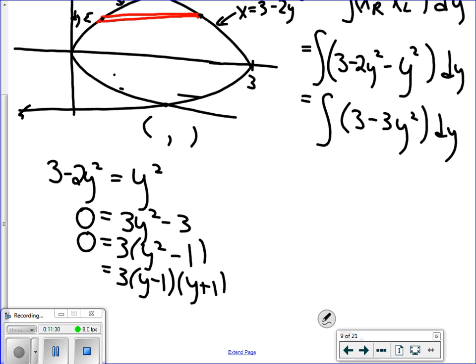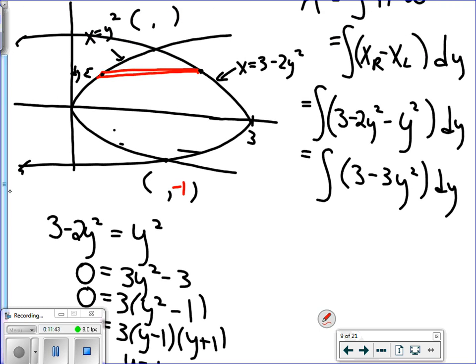So when they intersect, the y coordinate equals 1 or negative 1. So those are the important values to know. Down here where they intersect, the y coordinate's negative 1, and up here where they intersect, the y coordinate's 1.